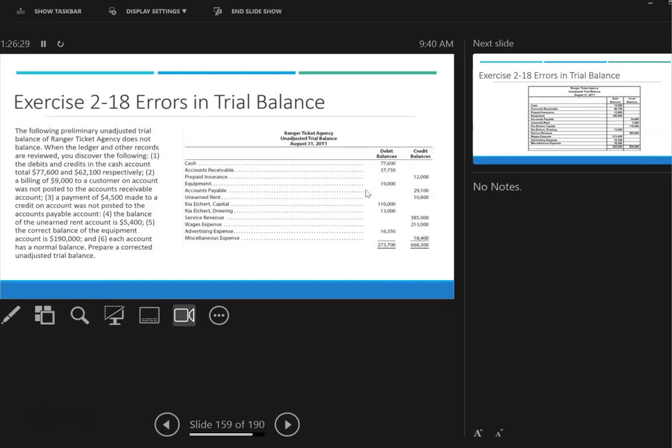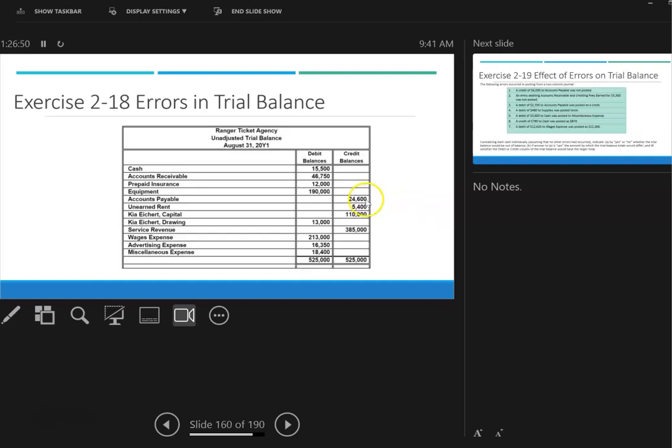Here, they're saying the balance of the unearned rent account is $5,400. Unearned rent, do you see they show it to be 10.8? Okay, so if we show that to be $5,400 unearned rent, that's going to adjust that account.